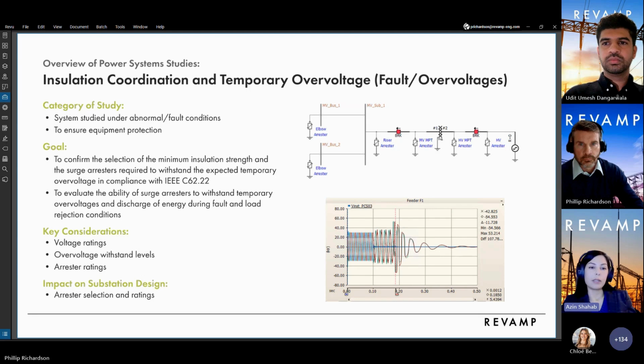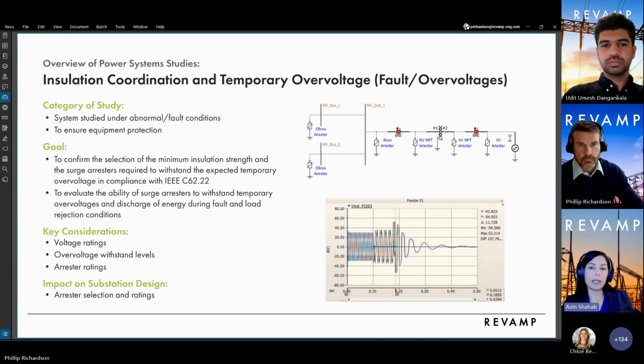The goal of this study is to confirm the selection of the minimum insulation strengths of equipment and that the surge arrester ratings are adequately selected to withstand the expected temporary overvoltages as outlined in IEEE C62.22. Also, to evaluate the ability of surge arresters to withstand temporary overvoltages and discharges of energy that might happen during a load rejection condition or short circuit fault.